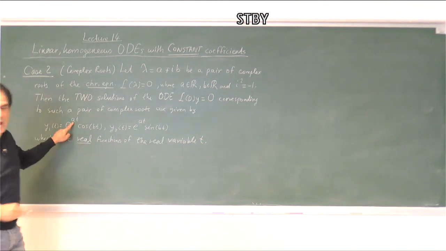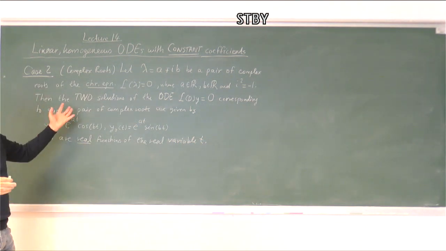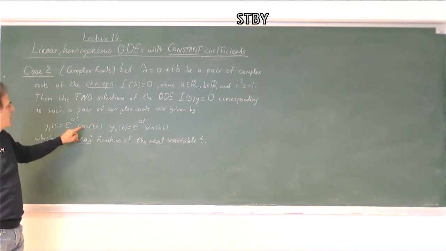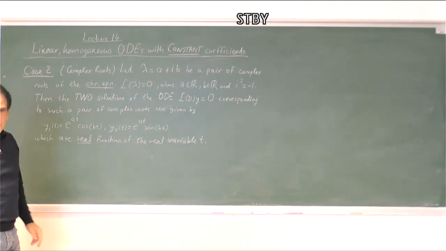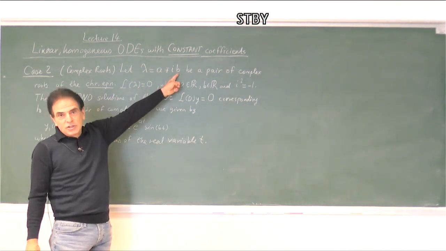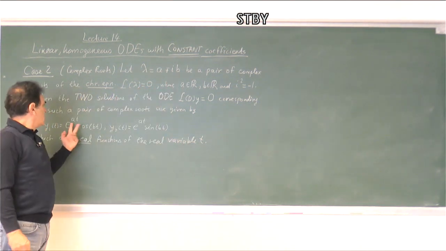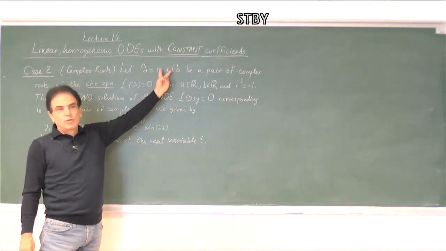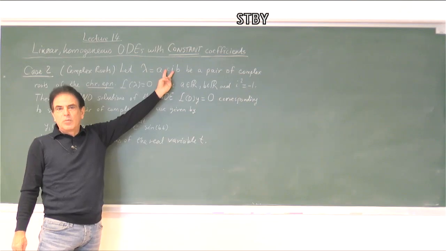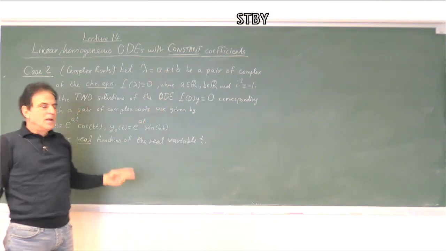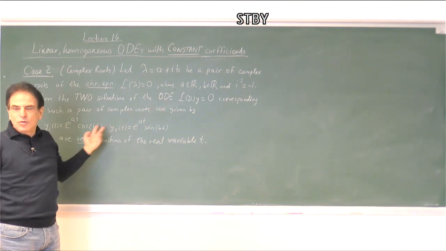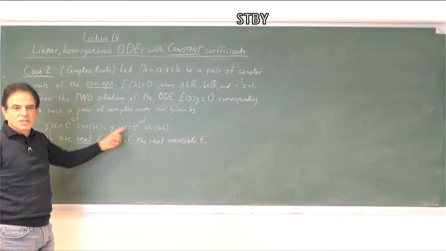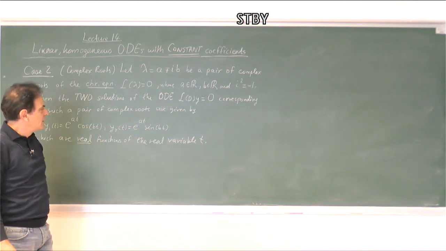Remember, a is a real number, so e to the power at is a real function. Cos bt, b is a real number, it is the imaginary part of the complex root. So two solutions corresponding to two roots, which are complex conjugates of one another, are expressible in terms of exponentials and basic trigonometric functions or circular functions, right?